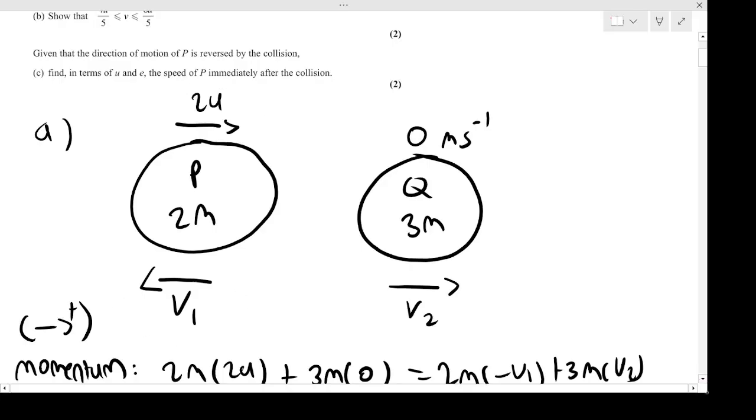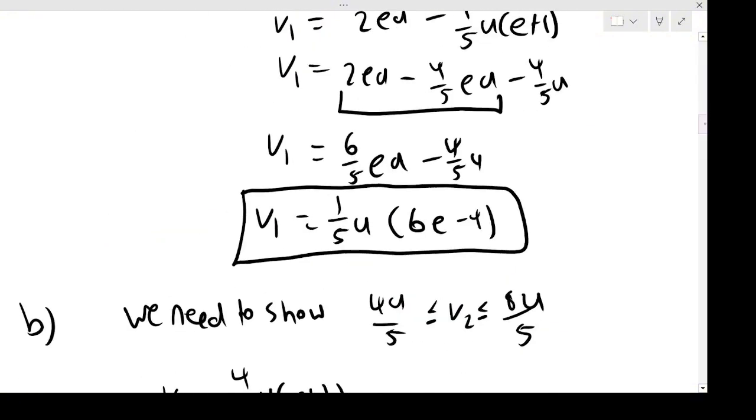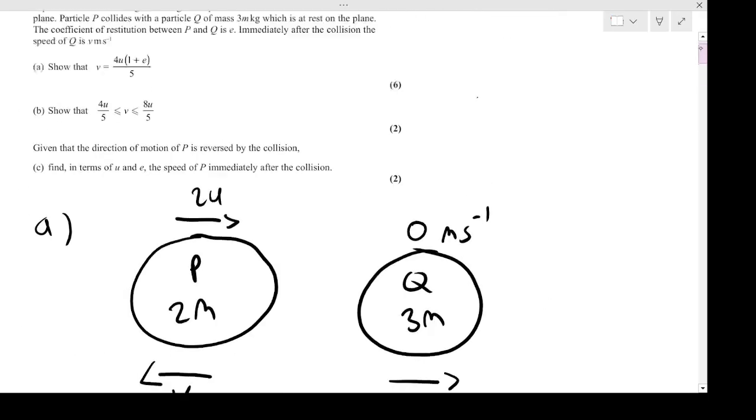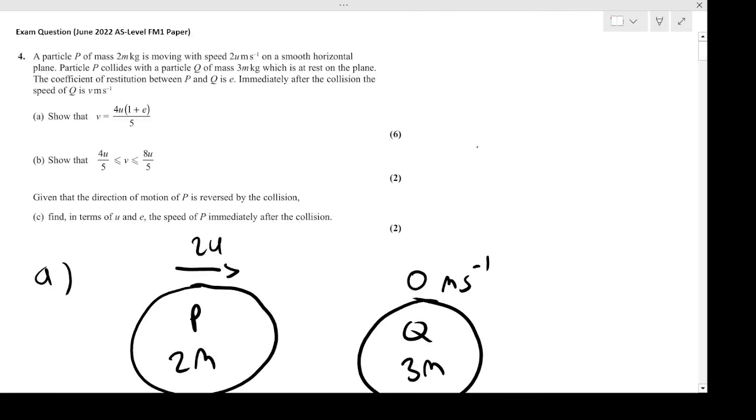So we've done our answer: the speed of P is V1. So we've done part C already. But see what I mean, when I said that you're going to need to find both speeds? Well, there we are. We needed to find it in part C, so we did all the work anyway, and we should get all the marks there. So hopefully you're happy with that.